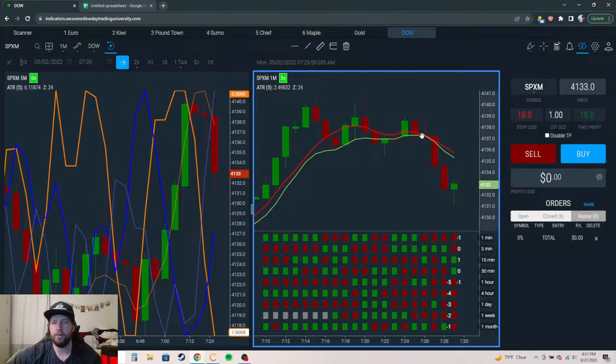In order for it to be a signal, red is on top, green is on bottom. Both need to be pointing down for a sell signal. So this bar right here would be a signal, and then we look at this indicator and these indicators here, the orange and blue lines, to tell us whether or not we should actually take that trade. Risk reward is 1-to-1, so anything over 50% is a winning strategy. And if you have any questions, feel free to ask in the chat and or comments.